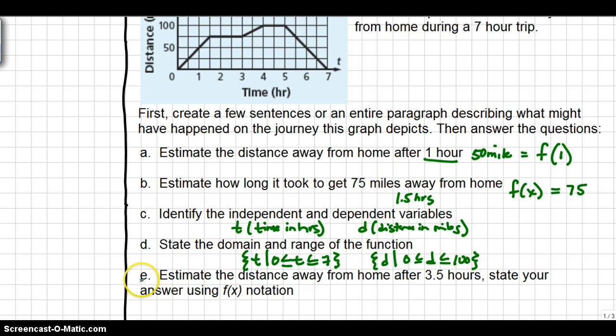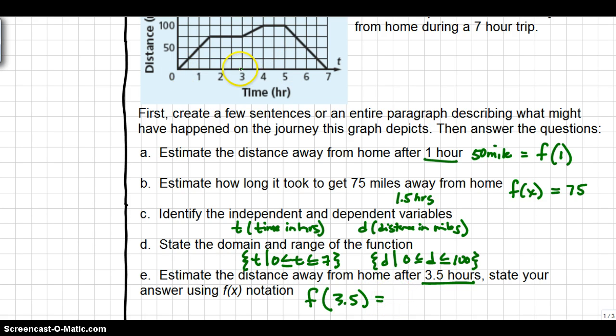And then finally the last question is mostly a notation question that I wanted to help students with. After 3.5 hours, so that's a t value or an independent variable value, they should state their answer using f of x notation and find the distance away. So similar to what we had done on the first two questions, it would be like plugging in 3.5 into the independent variable and finding out what the y value would be from the graph.